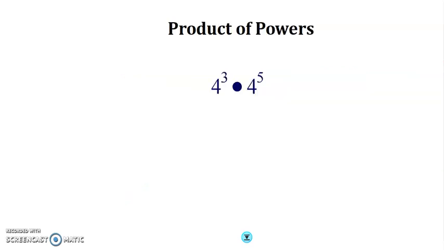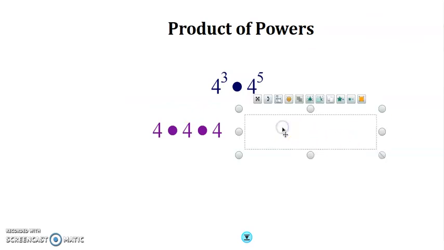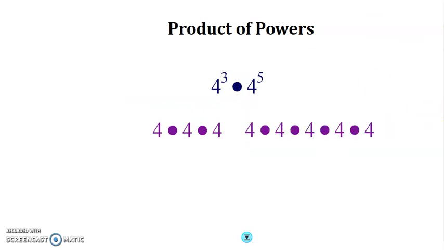Our first rule that we're looking at is called the product of powers. If we look at this problem, it says 4 to the 3rd times 4 to the 5th. Notice the key here is you are multiplying these. That's why it is called the product of powers. If we break that down, 4 to the 3rd would just be 4 times 4 times 4. 4 to the 5th would be 4 multiplied together 5 times.